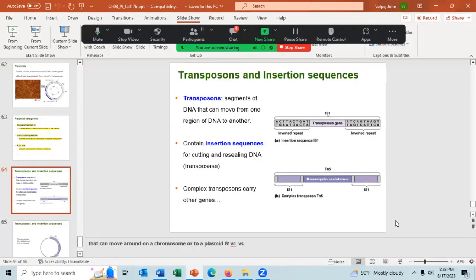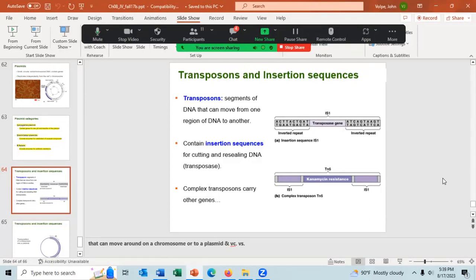They were first discovered in corn, where there was a gene in one of the corn chromosomes, and they noticed that gene was changing its location, even changing its chromosome number. And they called that a transposon, a jumping gene, a segment of DNA that moves from one region of DNA to another.